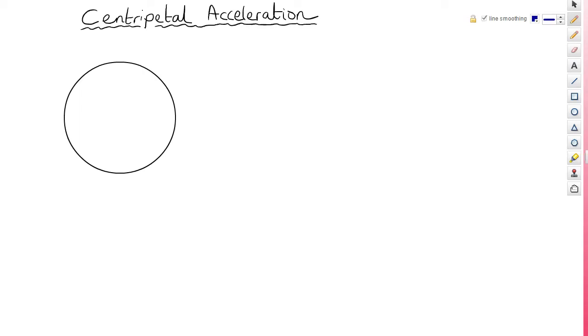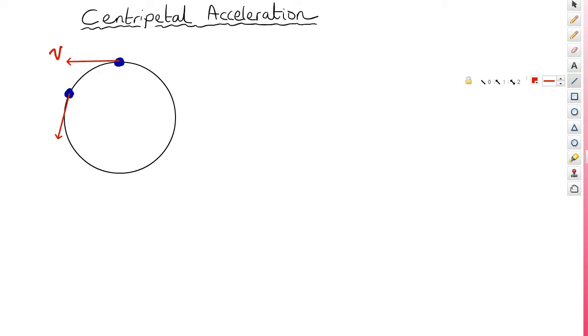Hi, so we've been looking at bodies going at constant speed in a circle. What we have to bear in mind is that constant speed is not necessarily the same thing as constant velocity. Look, here's my body going at this point in the circle, and we know its speed is v, and we've been looking at something that maintains the magnitude of its velocity, so it keeps the same speed, but of course velocity has direction.